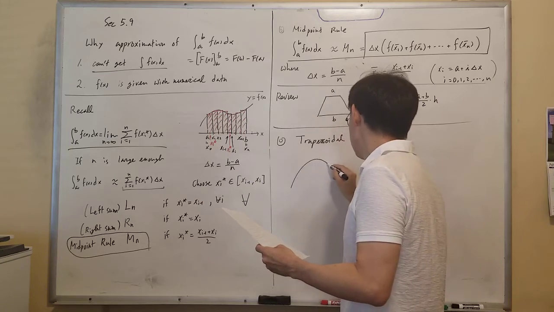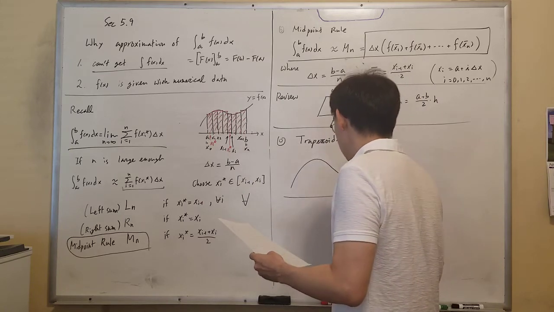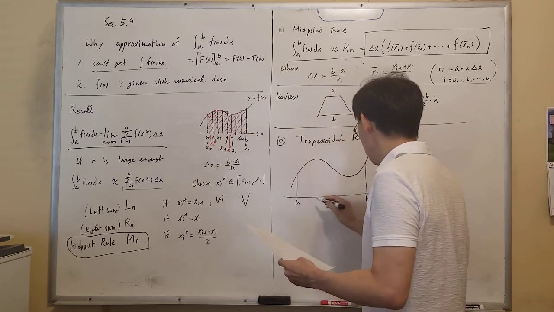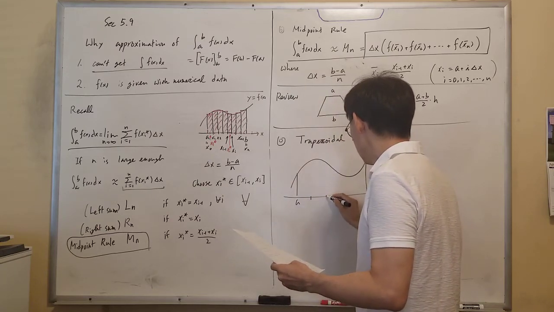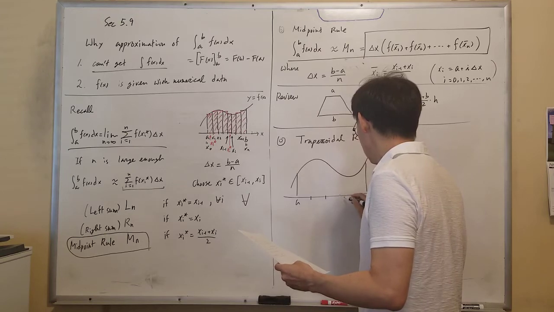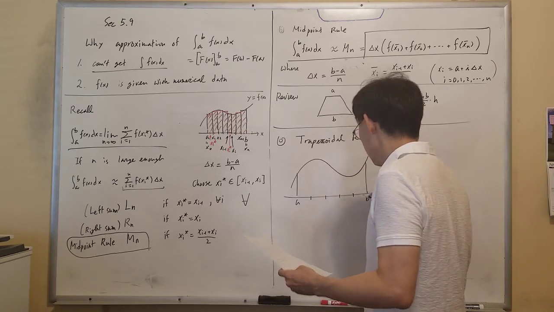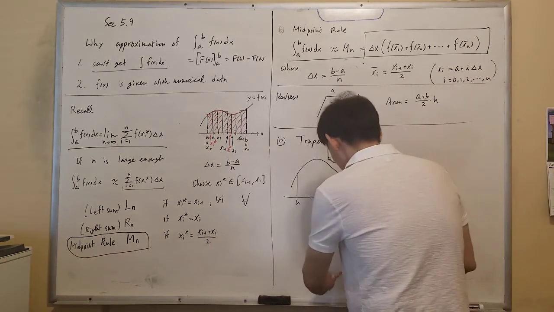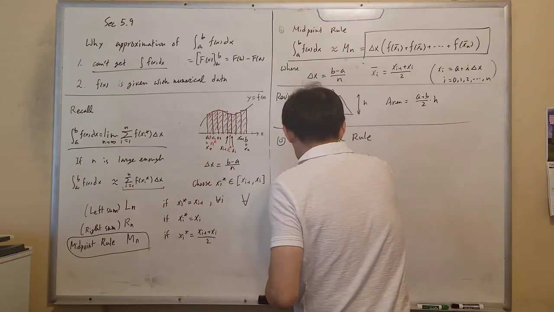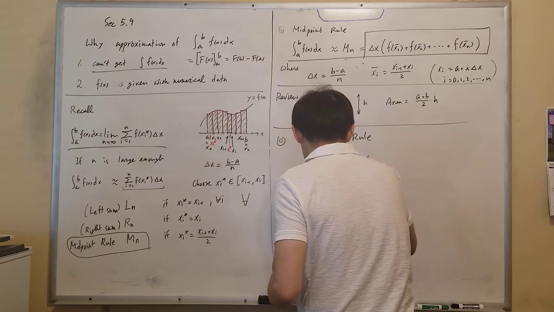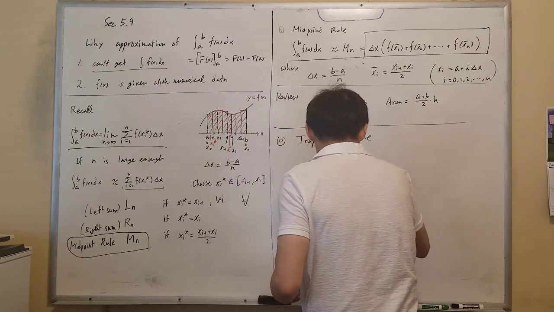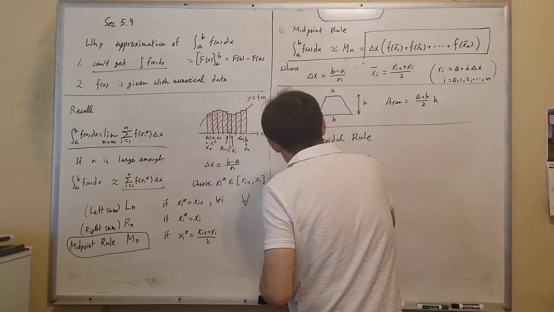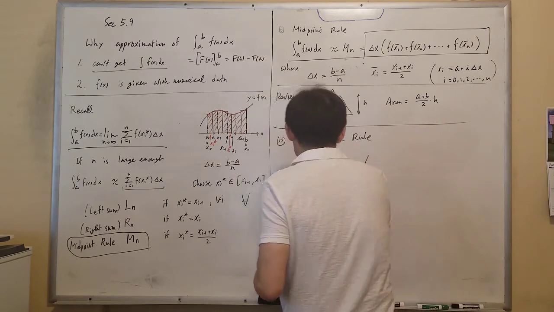Let's say from A to B, you're using 1, 2, 3, 4, 5 points, and you make a connection using each point.